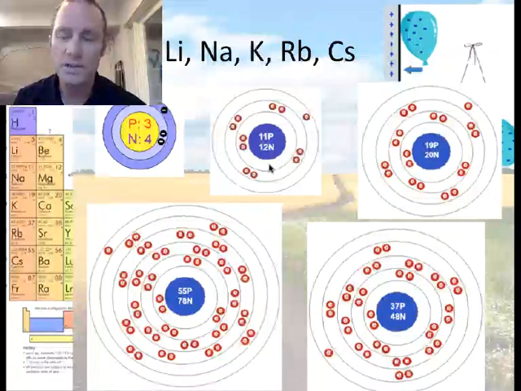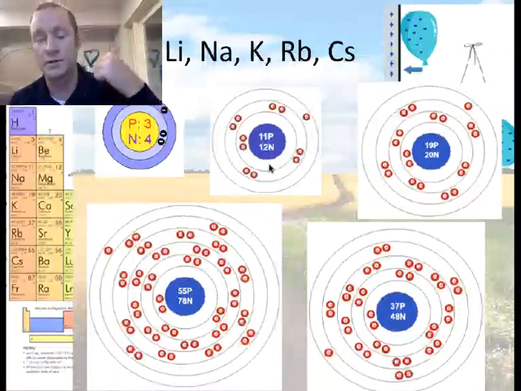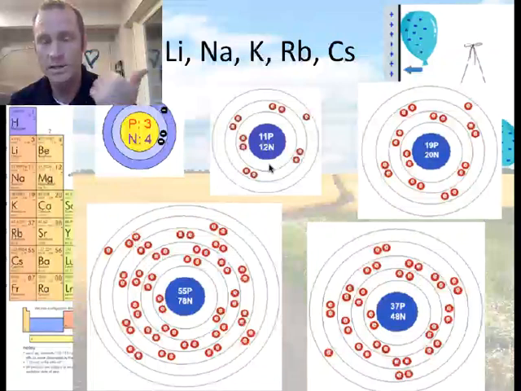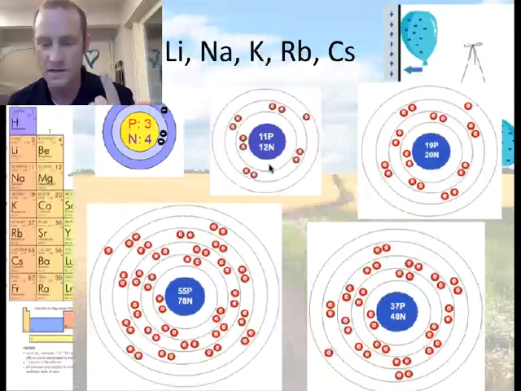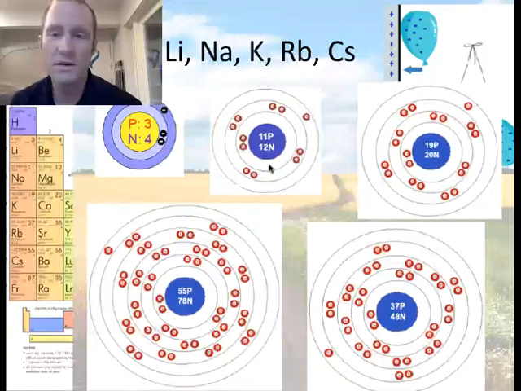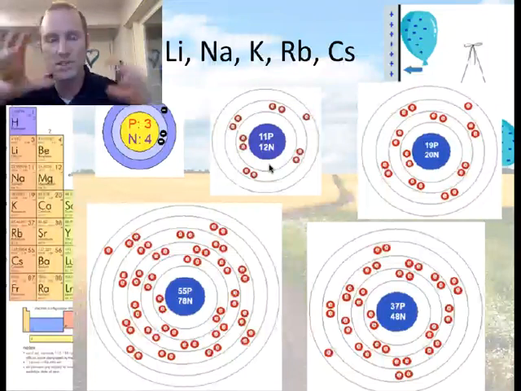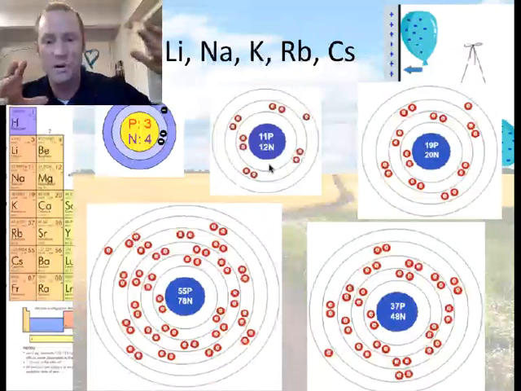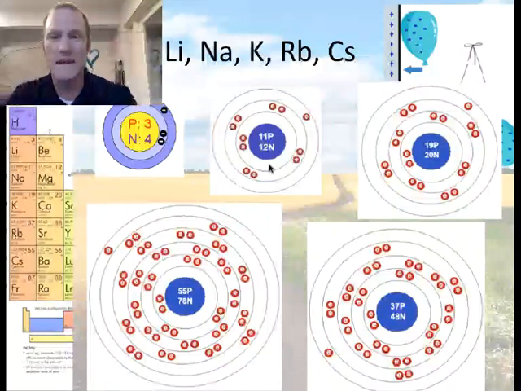And the reason I'm telling you this is because it explains why, first of all, these atoms are explosive in water, and second of all, why they get more explosive as the atoms get bigger. So the reason they're explosive is because the atom feels really stable with those 8 electrons. When it gets another one, that electron in the outer shell is not as attracted to the middle as these other ones.